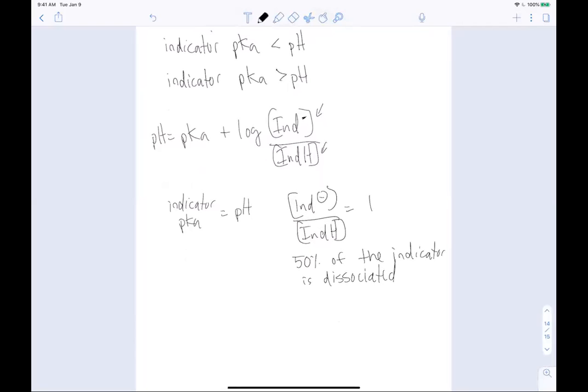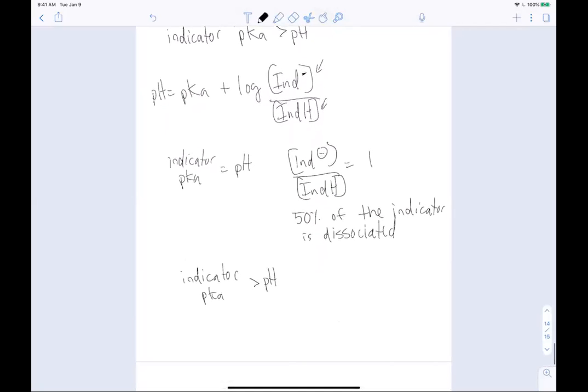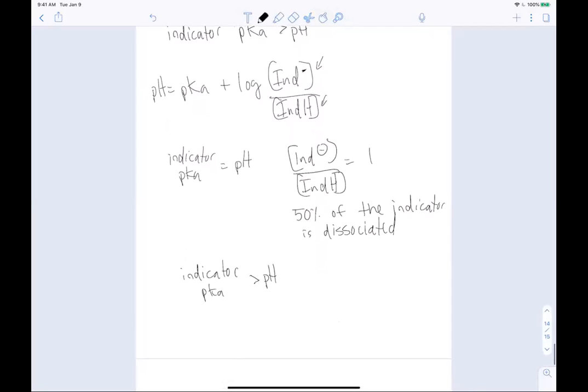Now say the indicator pKa is greater than the pH. That means the indicator is primarily... pKa is 5, so the pH drops.